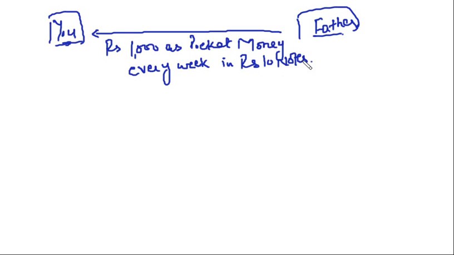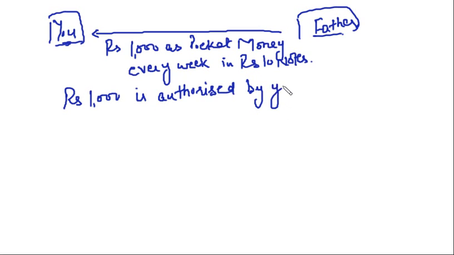This is the maximum money that has been authorized by your father. Rupees 1000 is authorized by your father. Clear?